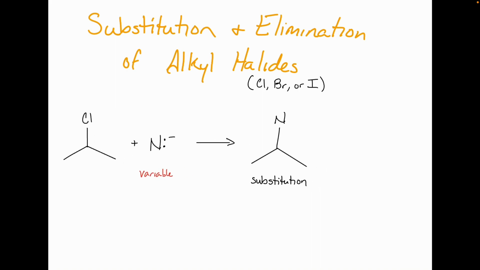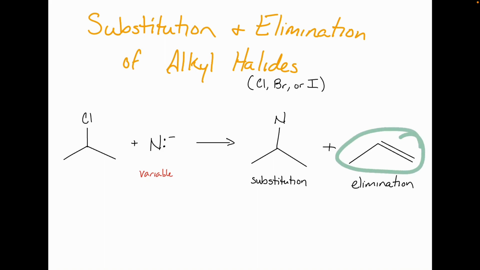These are what we call substitution reactions. As well as an elimination product, which is which functional group? What do we call these things here? An alkene. Okay, so we can get one of two products in these reactions, starting out with an alkyl halide.